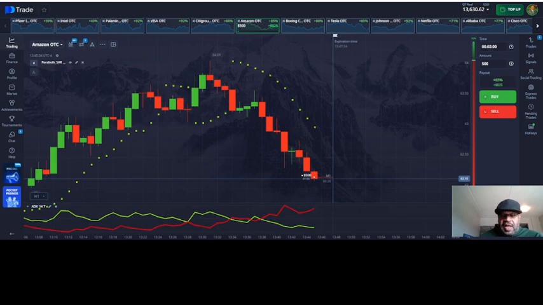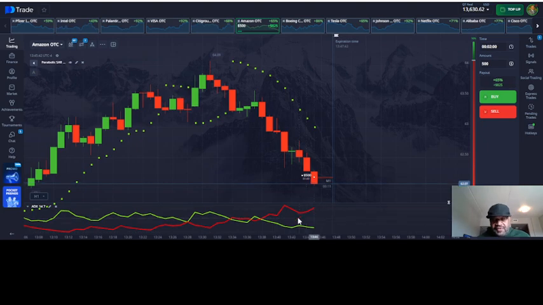I'm on Amazon OTC and I just took a short, or a sell trade, at this level. The reason I took the short, like I mentioned previously, is you see the divergence of the ADX lines here. We're seeing a growing divergence. This is our first indicator. Secondly, the parabolic SAR dots are printing above the candles here.